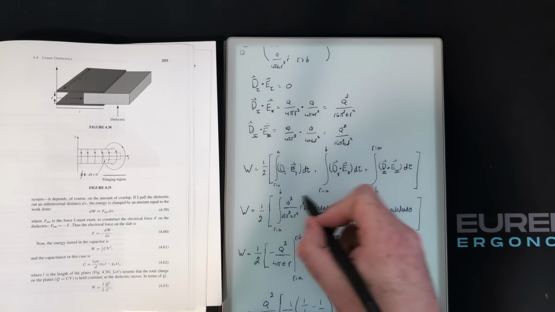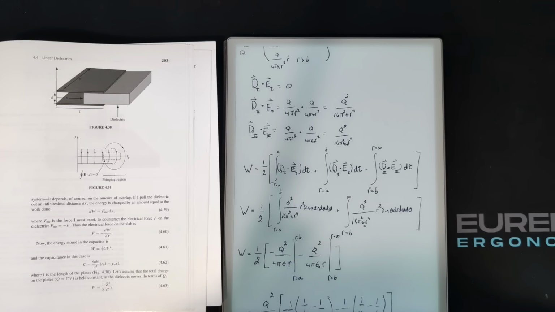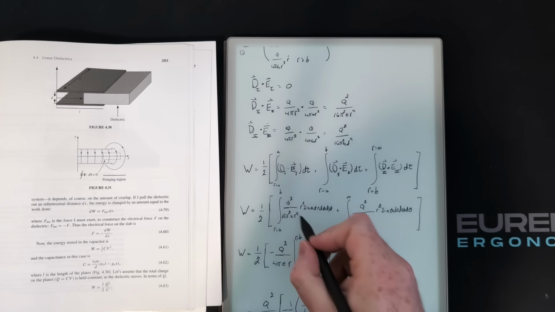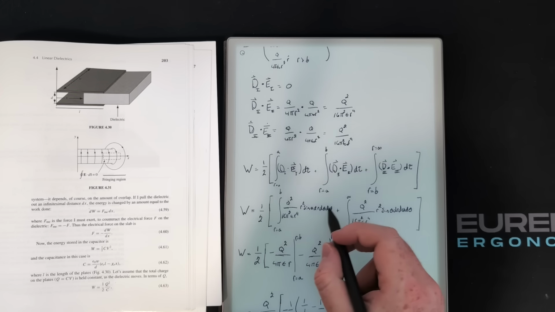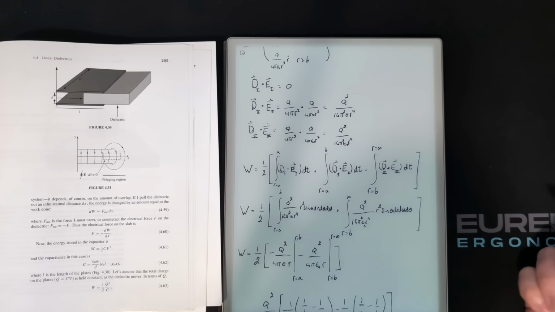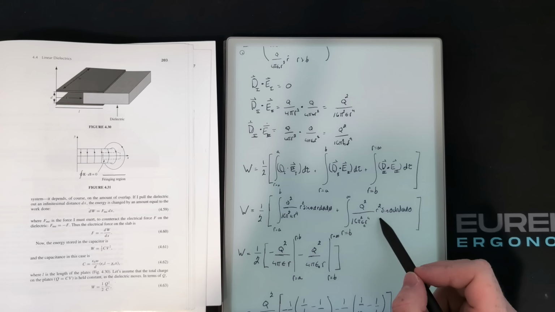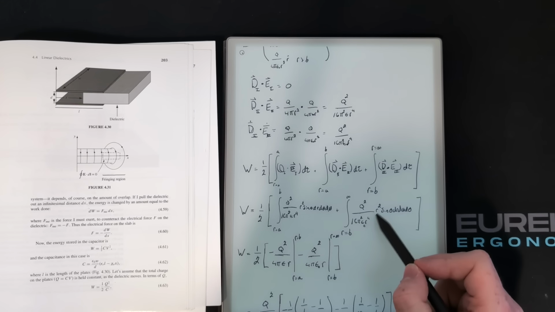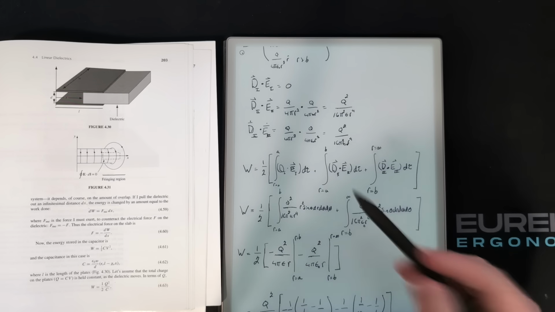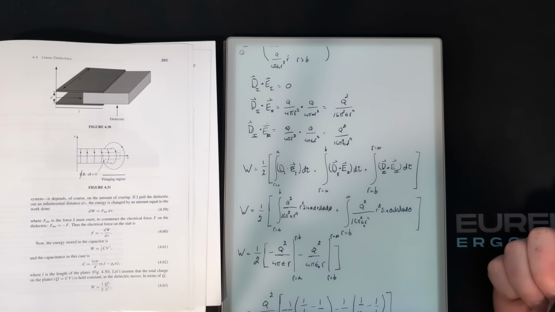And, of course, d tau is an infinitesimal spherical volume element, which is written as r squared sine theta dr d theta d phi. And so those r squareds are going to cancel on the bottom. And then the third integral over here, we get a similar thing where the r squareds cancel on the bottom, and that integral runs from b to infinity.